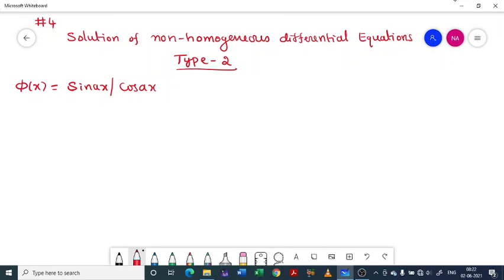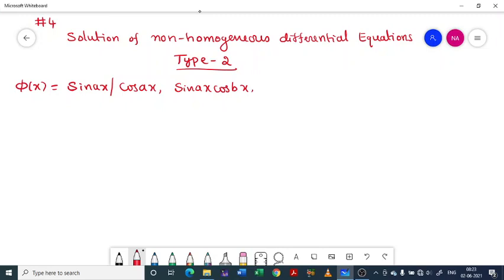And this can also be extended to functions involving product of trigonometric functions like sin ax into cos ax. If this may have a different number, sin ax into cos bx. Similar product you can consider, sin into sin, sin into cos, cos into sin, cos into cos. So those products, in that case also type 2 is applicable.